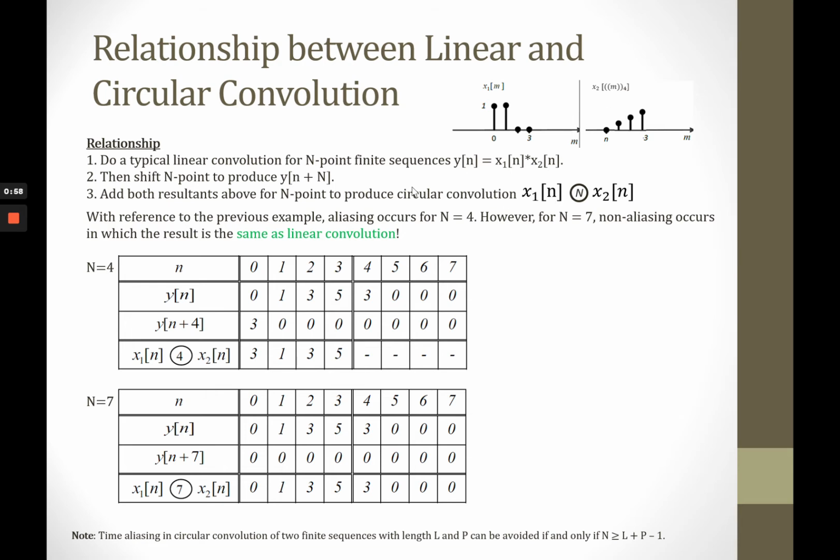Okay, and now we check for this example the convolution between x1[m] and x2[m] using a linear convolution that produces y[n]. This is the result y[n]. This is step number 1. And then step number 2, let's say we choose N equal to 4 to produce y[n+4].